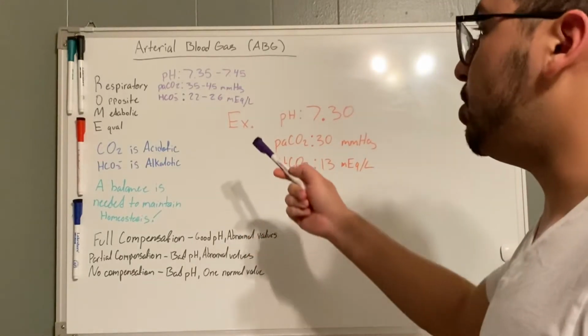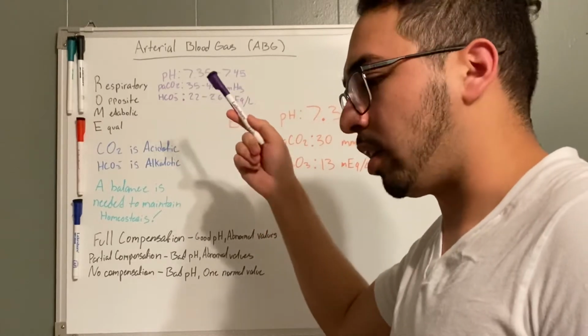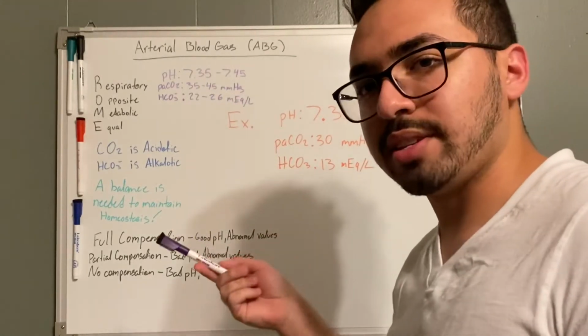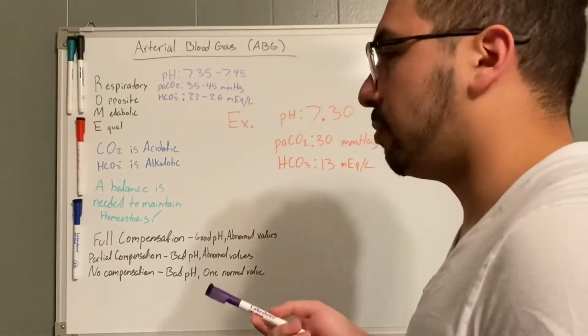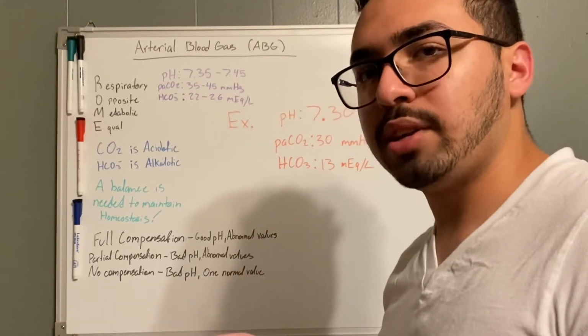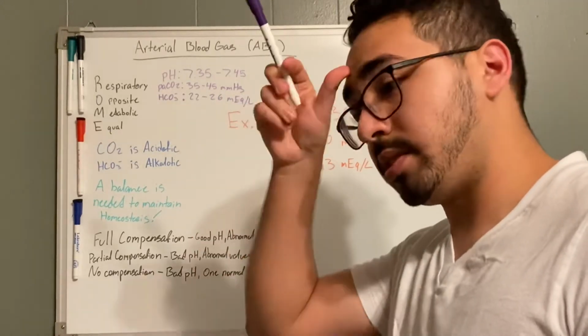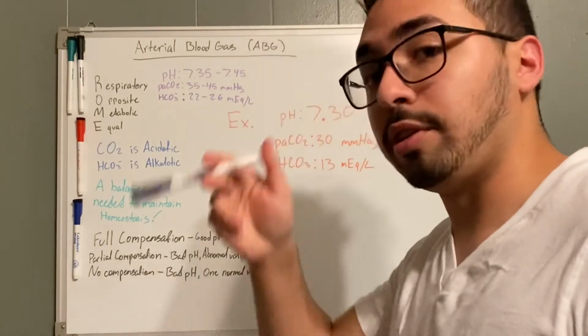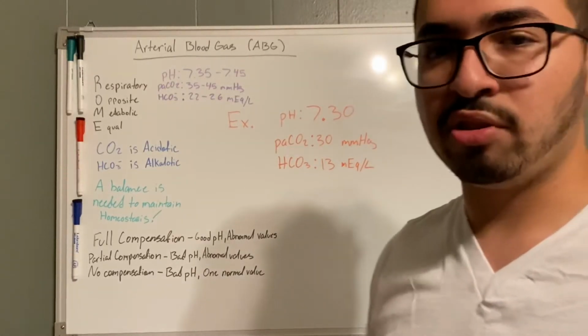ABG being arterial blood gas. This is a common laboratory test that they'll use to evaluate the blood pH of patients when they're in the hospital. And this can be done in various specialties, such as in the emergency department or in the ICU or even med surge.